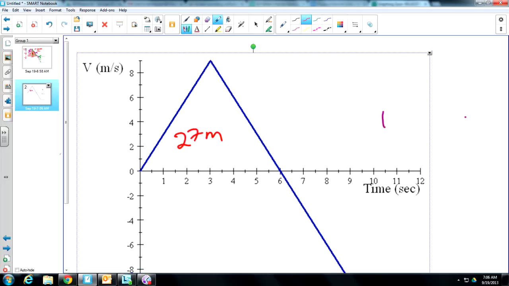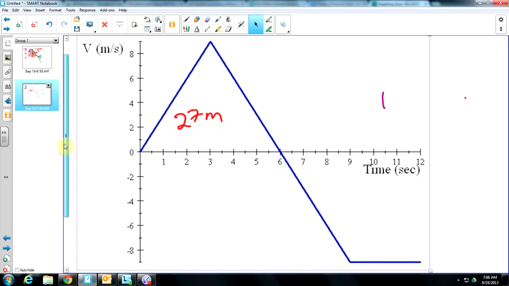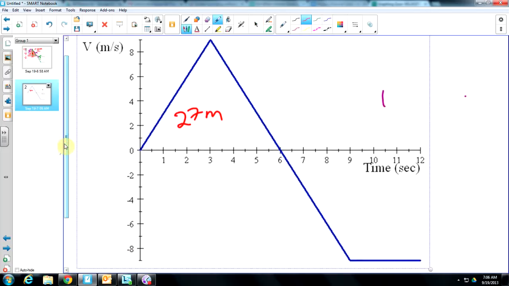We know up till 9 seconds that she had traveled 13.5 negative. Okay, so we have negative 13.5 meters. So she needs another 13.5 meters coming back.